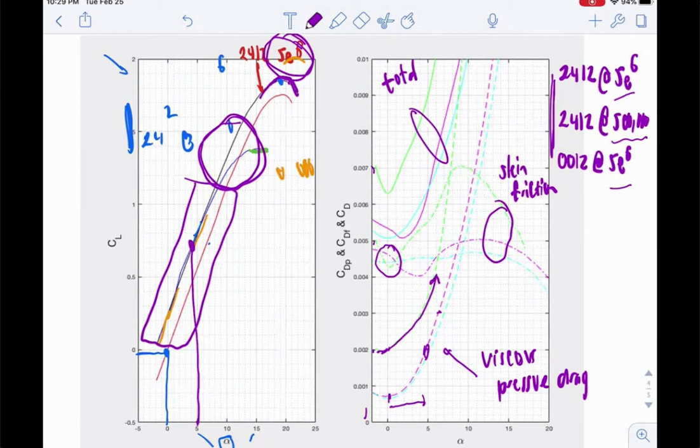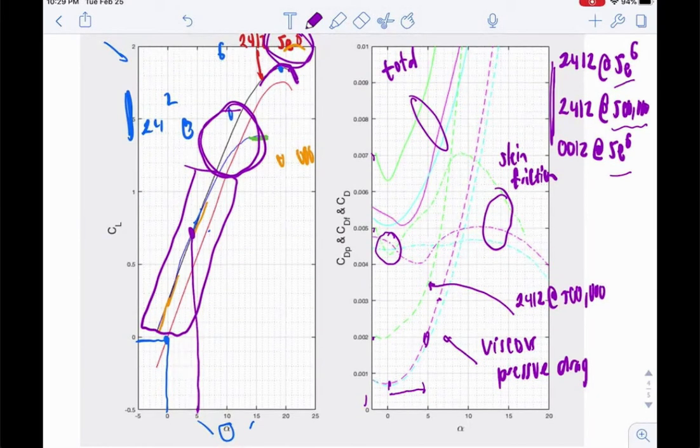So I can see that increasing much more rapidly earlier. This tells me that this green line must be the low Reynolds number case. So the green is low Reynolds. This green must be the 2412 at 500,000, because I can see that the viscous pressure drag jumps much earlier than it does in these other cases.